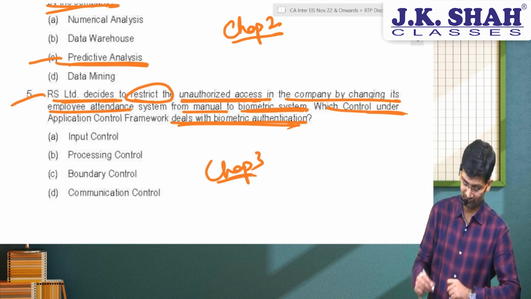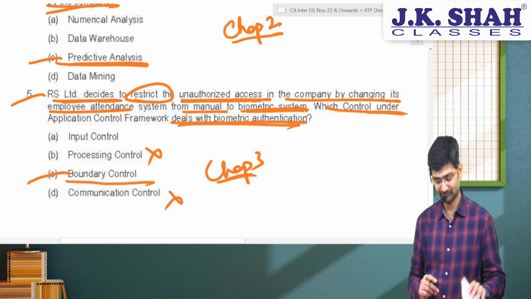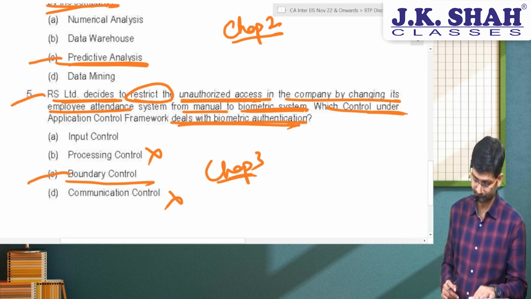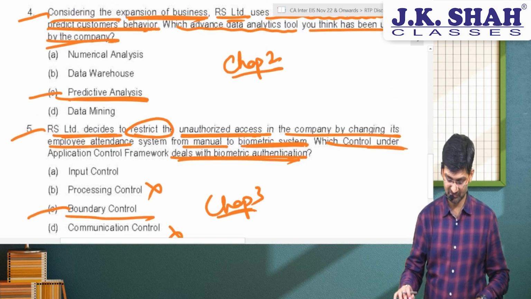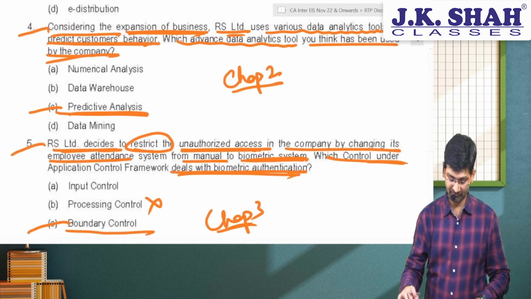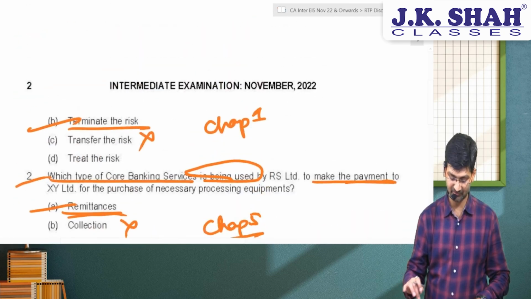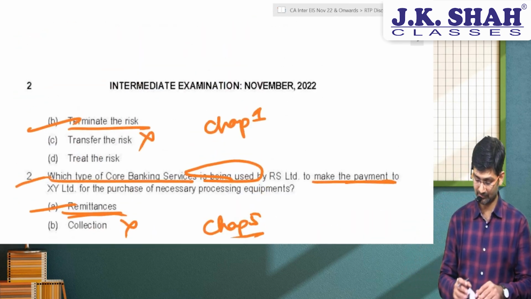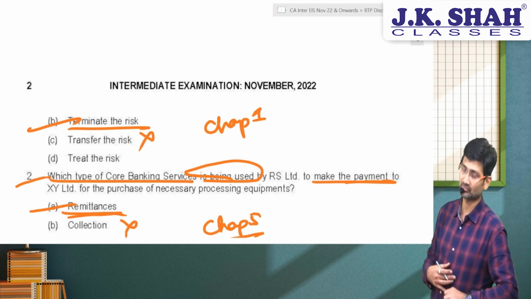Obviously, it's not processing control, it's not communication controls, and if you're smart, you will know this is actually boundary controls for us. Are you with me? These are the questions. So your MCQs had 5th was C, 4th was C, 3rd was A, 2nd was A, and the first was B. So you had B, A, A, C, C.